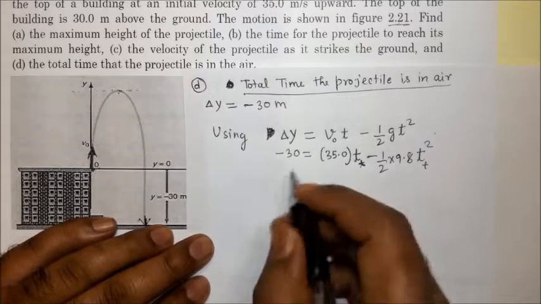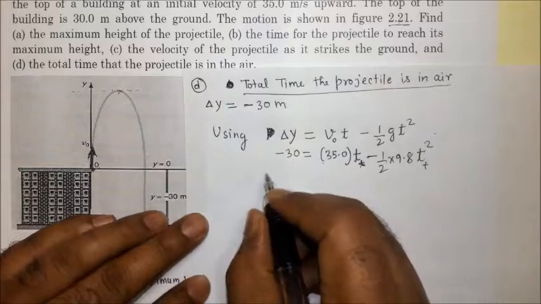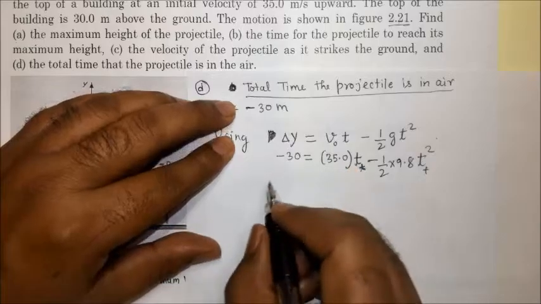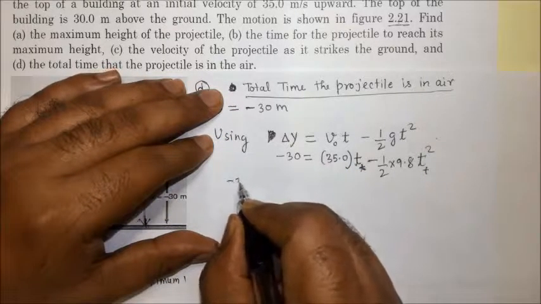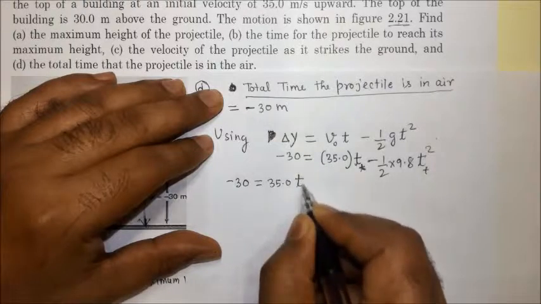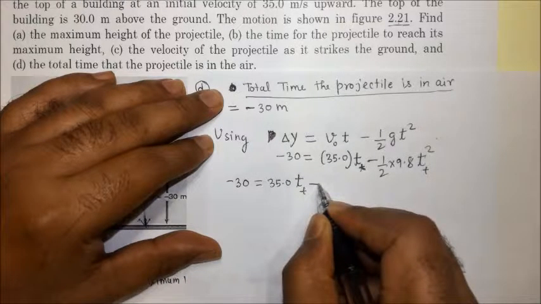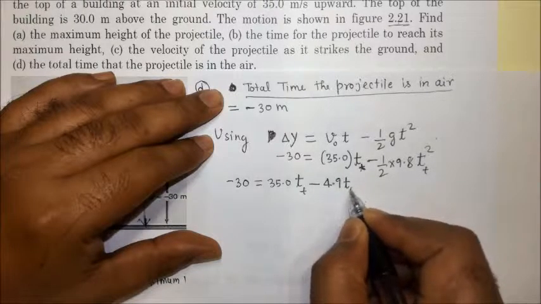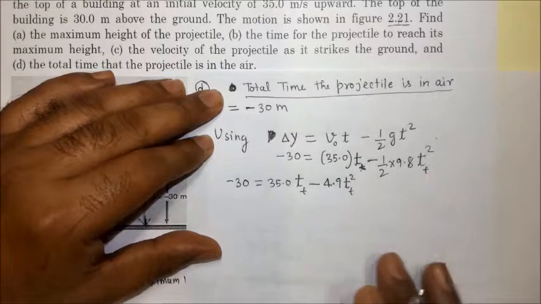Okay, so this becomes minus 30 is equal to 35.0 t minus 4.9 t suffix t square.